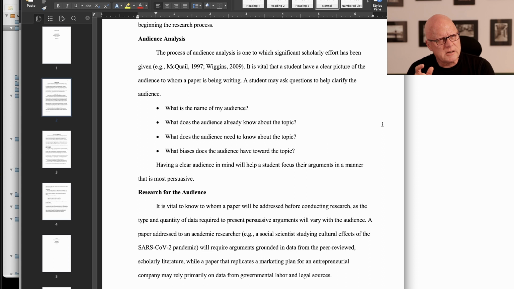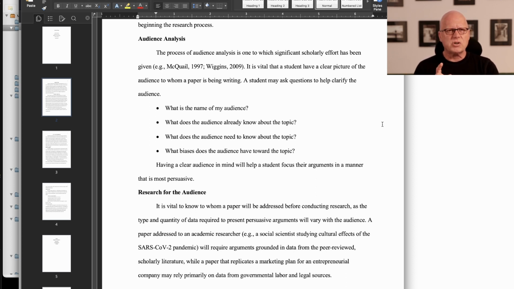A similar question is, what does the audience need to know about your topic? Because all papers are persuasive, it's important to know what you expect the audience already knows, and what the audience does not yet know but should be aware of.